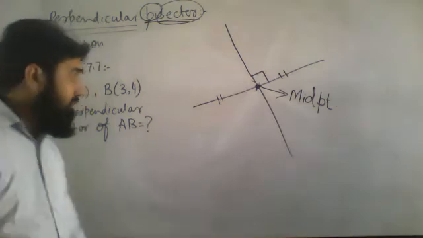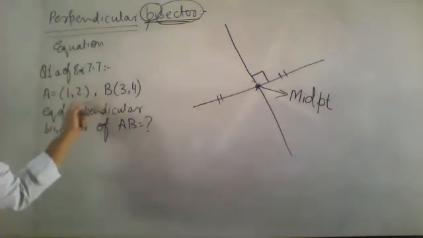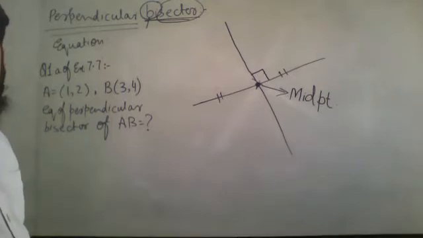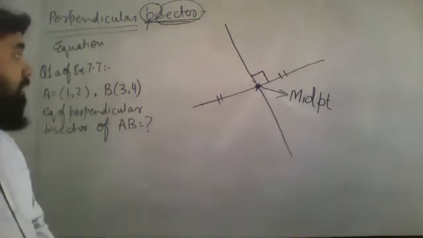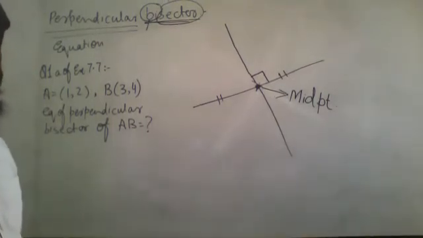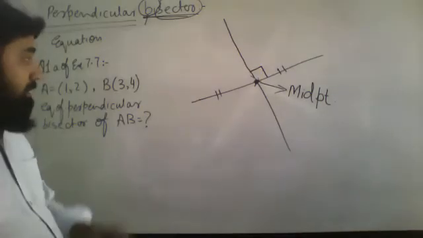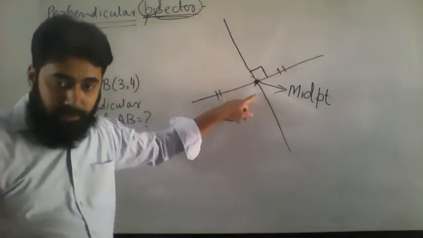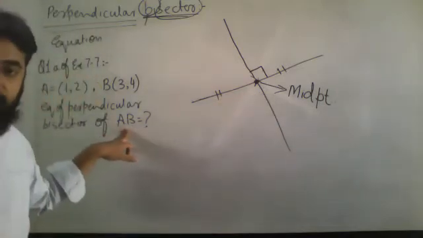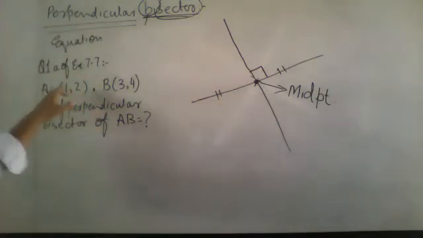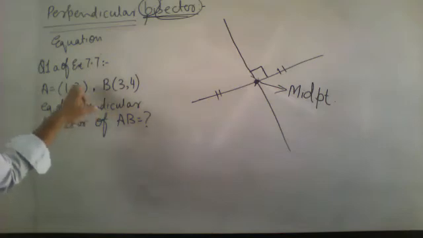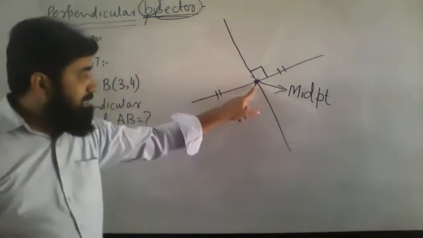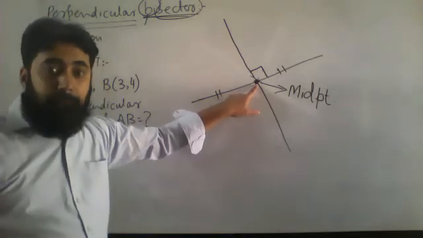First thing, beta, they are giving us A and B, and they are telling us to find the equation of the perpendicular bisector. The perpendicular bisector always passes from the midpoint.